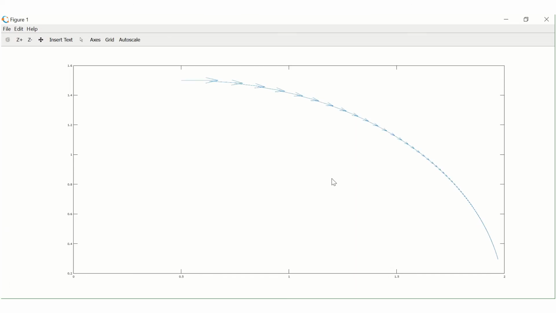Here is the plot of the velocity as a function of time. You see the particle is starting from this point and is going towards this direction, and you will see the velocity changing in direction slowly as a function of time. Now we want to plot the acceleration.